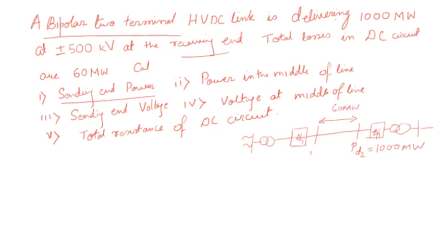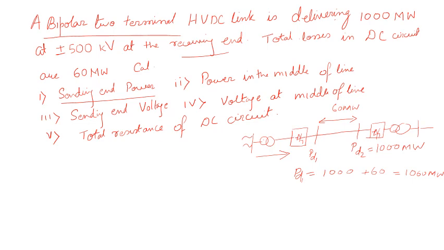So if I want PD1, the incoming power is coming from this side, so PD1 will be the sum of the loss and PD2. So I can tell PD1 is equal to 1000 plus 60, that's 1060 megawatt.